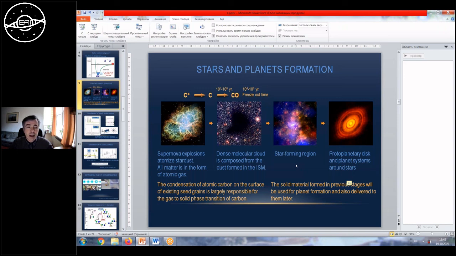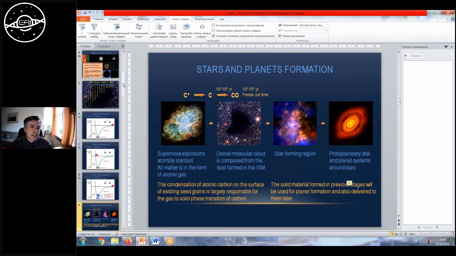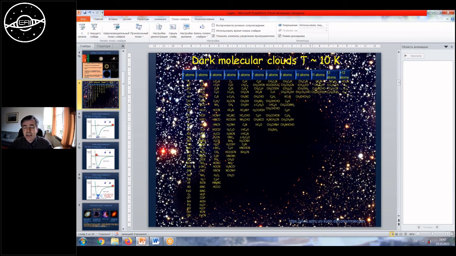As I explained, if you look at this table of molecules detected in the ISM, with increasing molecular size, the abundances of the molecules drop exponentially. Of course, there is no doubt that glycine is present in the ISM. It has been detected in comets, so for sure it is there, but its abundance is probably so low that we cannot detect it.